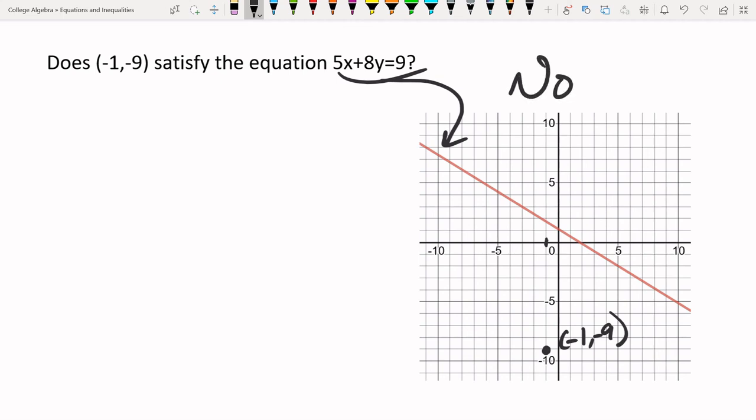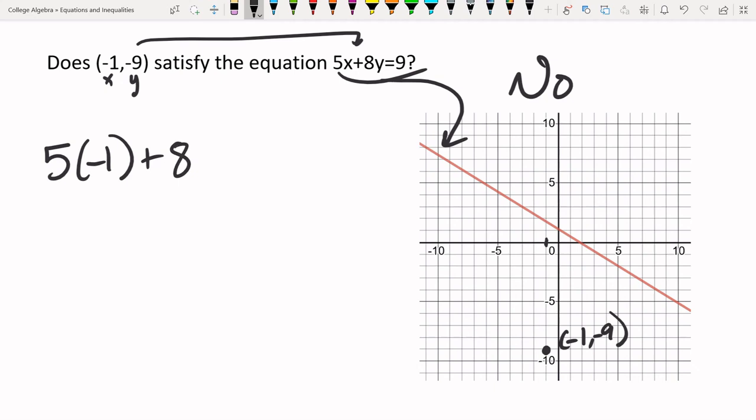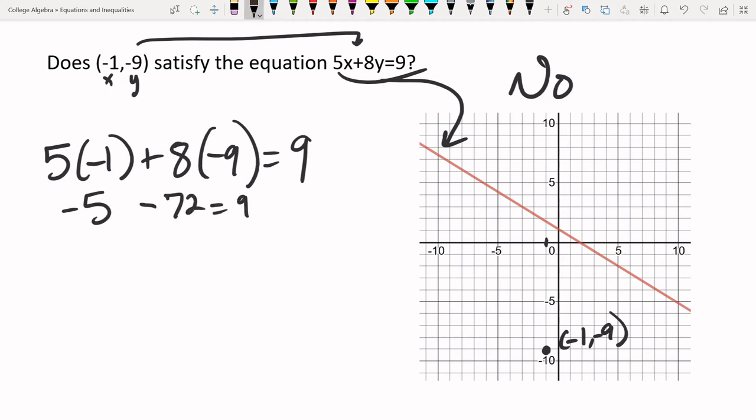We can solve this algebraically quite easily by just plugging in the x and the y values into our function and seeing if we get a true statement. 5 times -1 plus 8 times -9 equals 9. 5 times -1 is -5 plus, it's going to be actually -72.